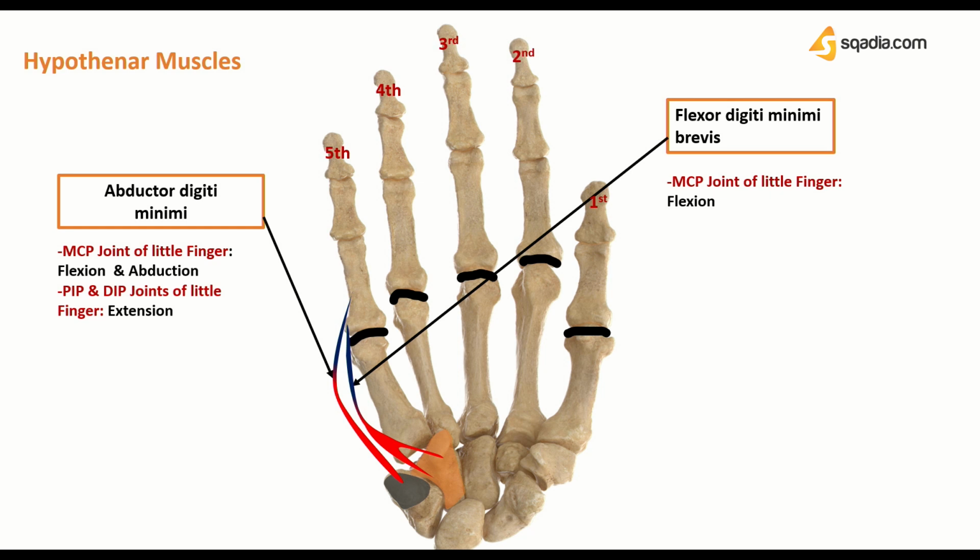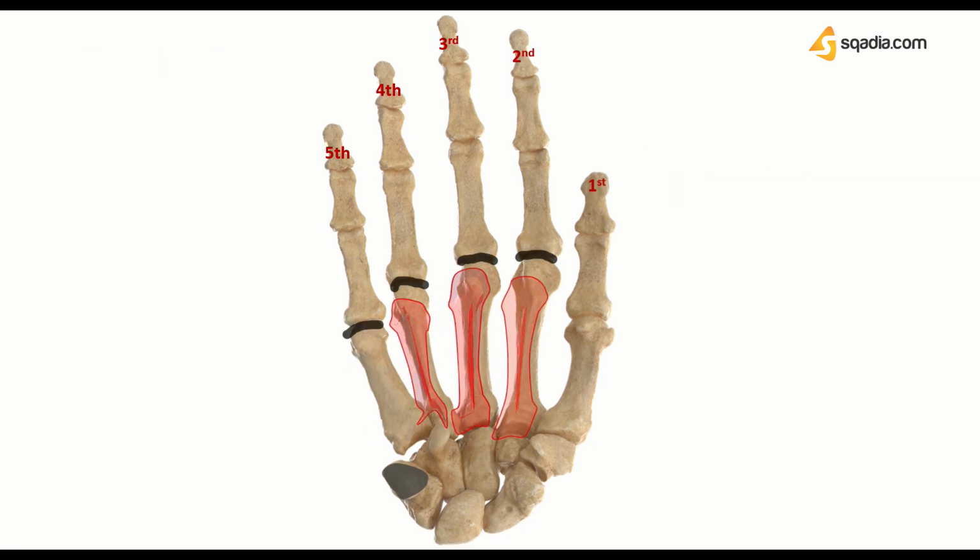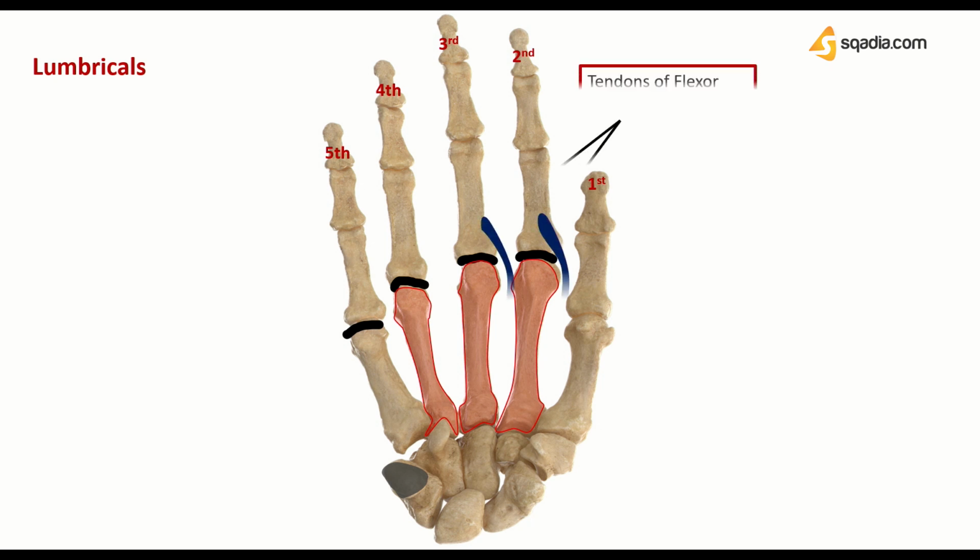Now the next set of muscles include lumbricals, in which we have the tendons of flexor digitorum profundus, which originates from the radial side, with insertion on the 2nd and 3rd digits.